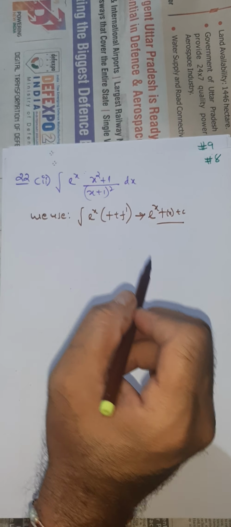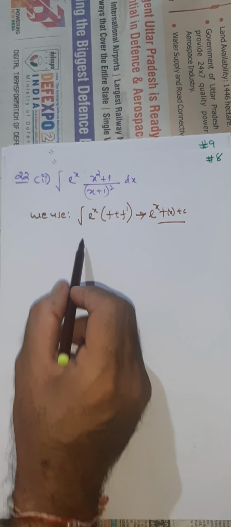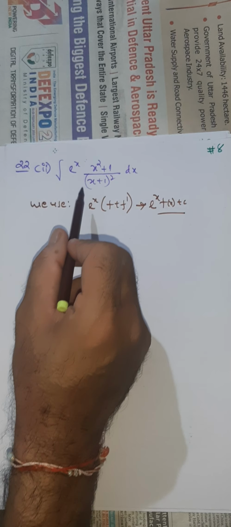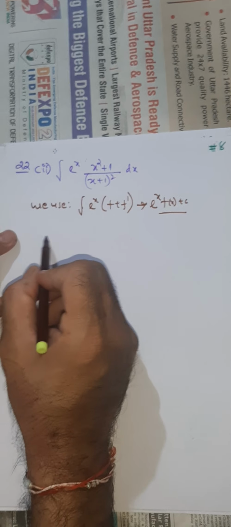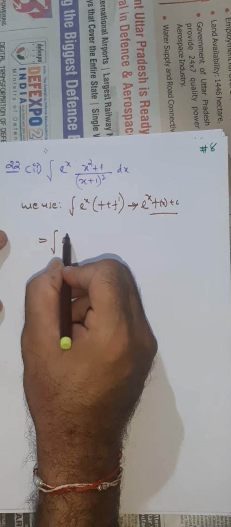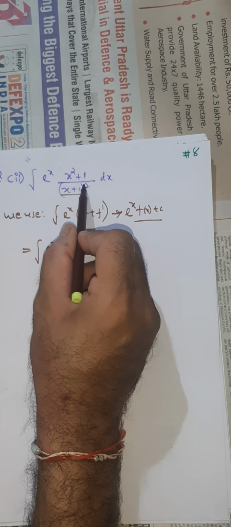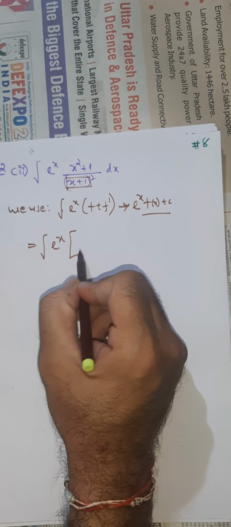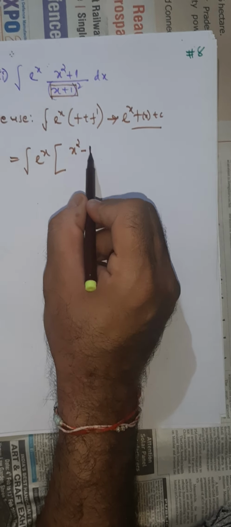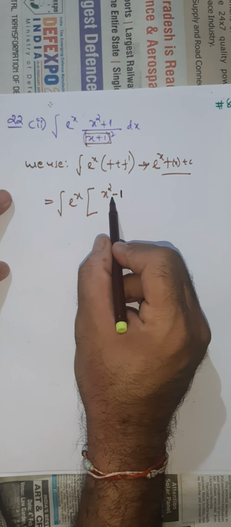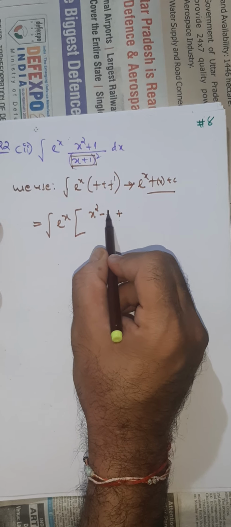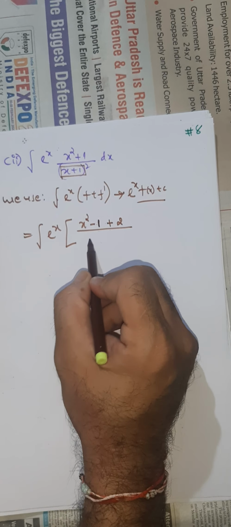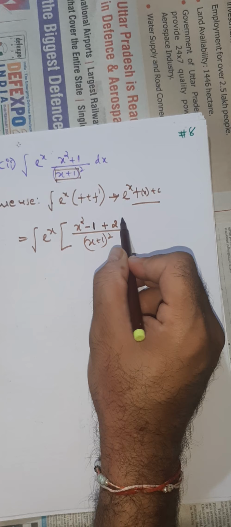So here what we need to do is, besides that e raised to x, we need to set a function plus its derivative. So always in such questions we try to set this expression over there. So x square minus 1, I've added and subtracted 1 because it has two factors, plus 1, but 1 is there, so plus 2 upon x plus 1 the whole square.